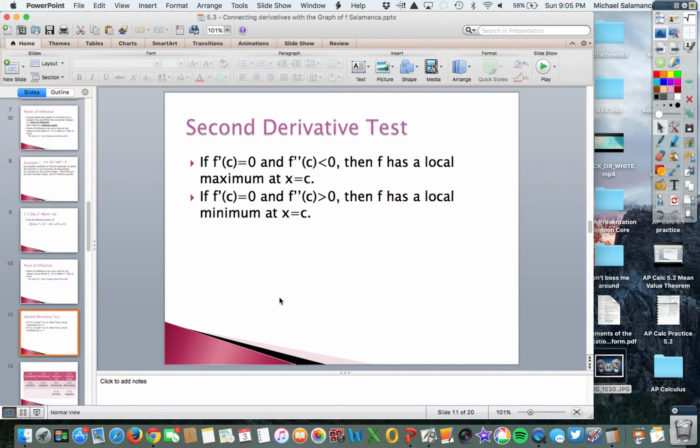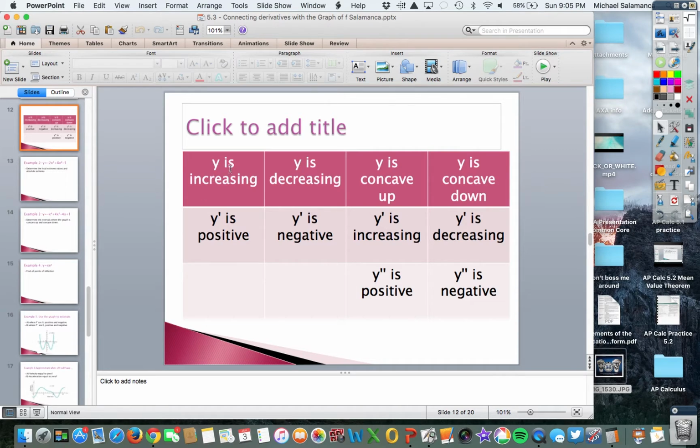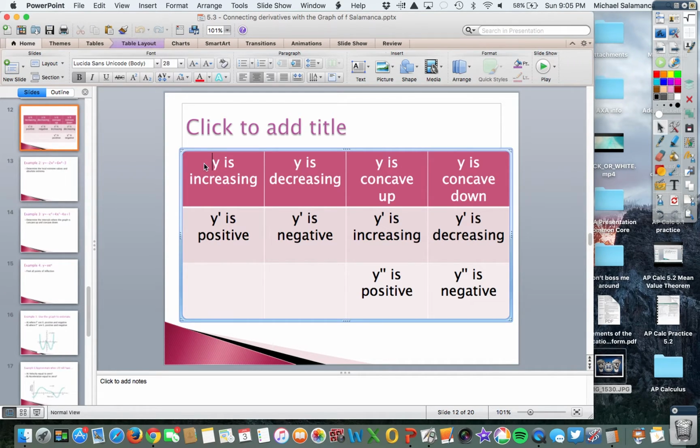So I know this is weird, so we're going to look at this table instead. Now, this can help us a lot when we start to look at increasing, decreasing values. If we take a look at this first one, it says y is increasing. So if y is increasing, then y prime is positive. That means if I find a value at the critical point and substitute it in, then it's positive.